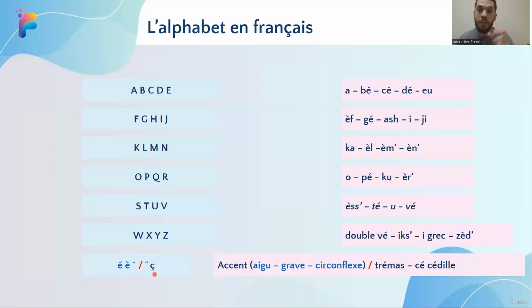Sometimes with the c you have a K sound, sometimes you have an S sound. So that's something we're going to look into in a future video in this series on pronunciation. But yeah, that's the gist of it, right? That's the S sound.